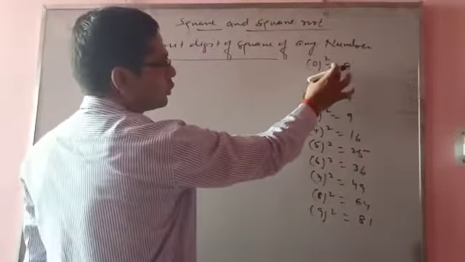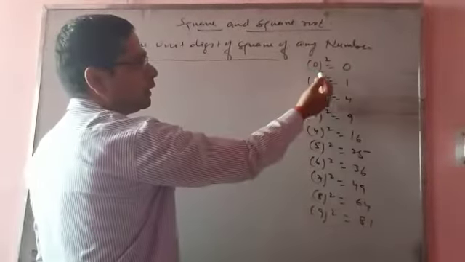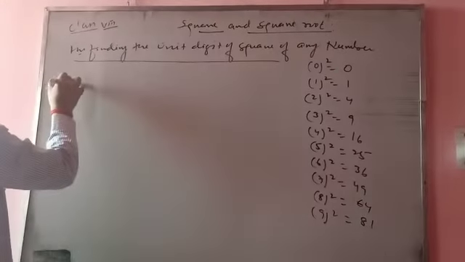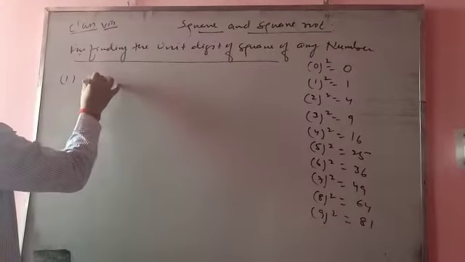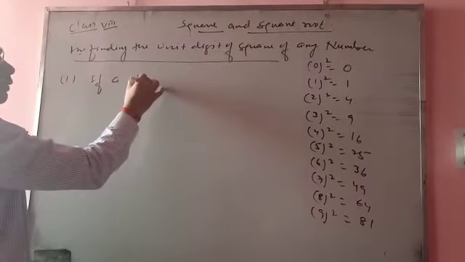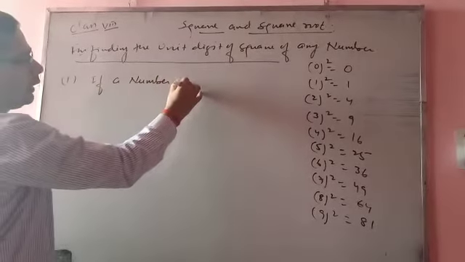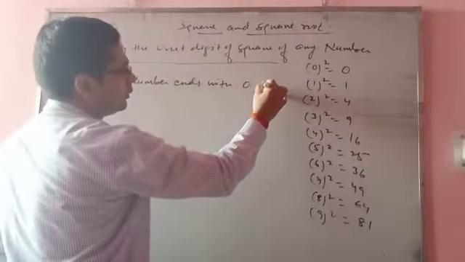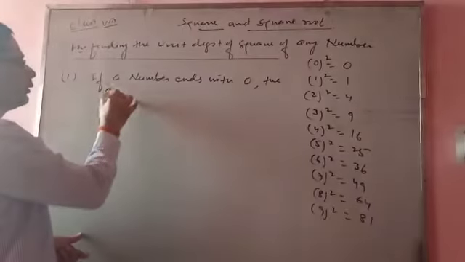So here it is 0 square is 0. It means, if a number ends with 0, then the square of that number ends with 0. So this is the rule.